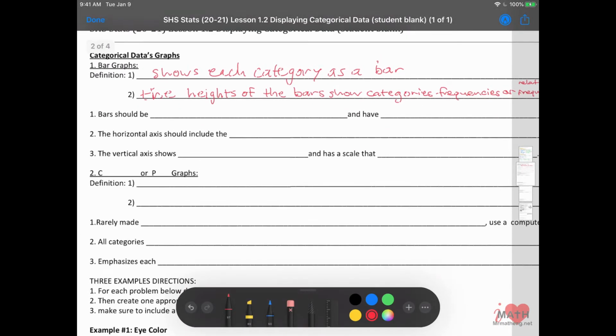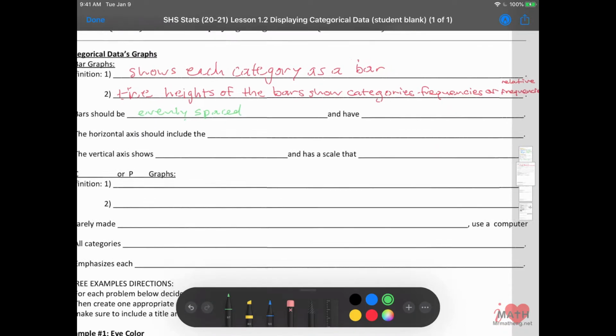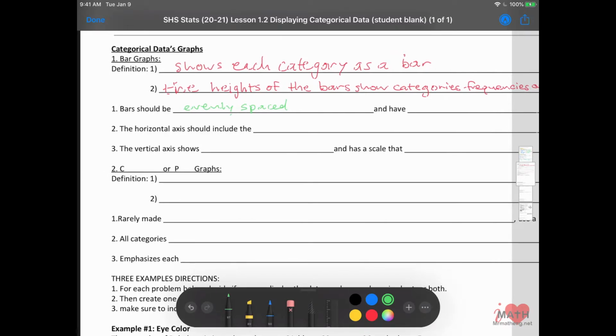All right, so what are some other characteristics? Bars should be evenly spaced and have same width.